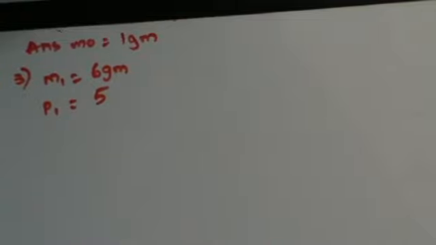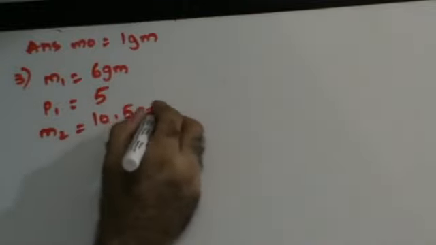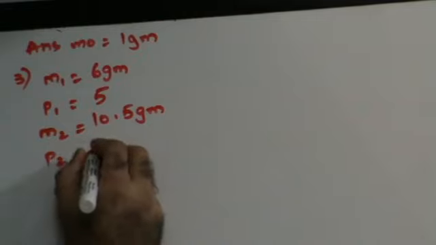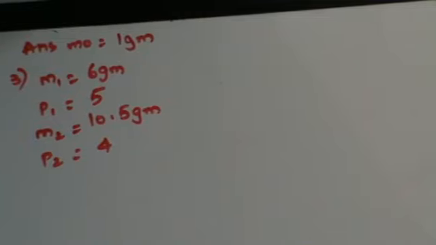When 10.5 grams is added to the pan, the number of loops obtained is 4. Find the number of loops when no weight is added to the pan.